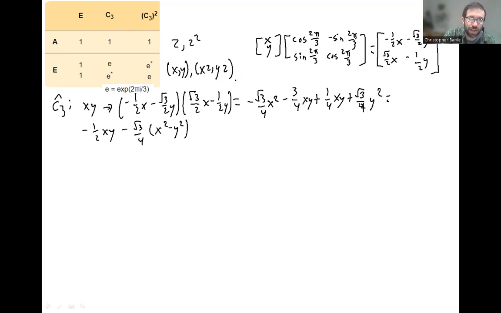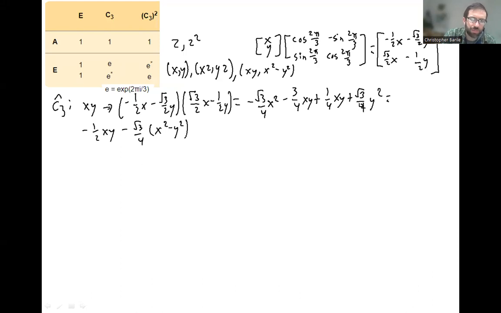You could just right now say, well, the only character on the character table that matches this is E, because there's a value of 2 here, and it shows two functions transforming together, 1 plus 1. It's broken up into subcomponents, right? But it's telling us that xy and x squared minus y squared transform together.